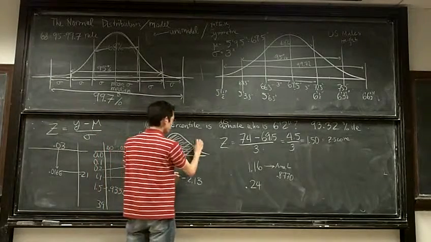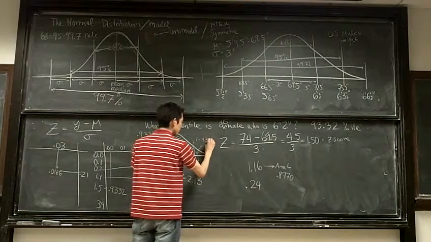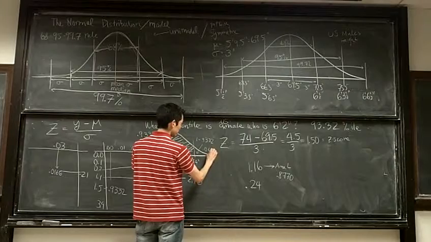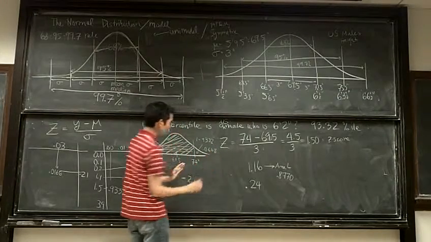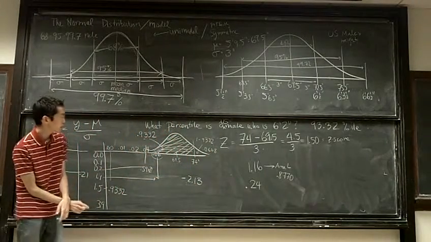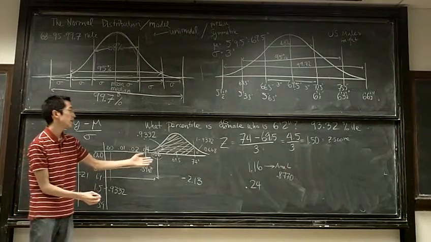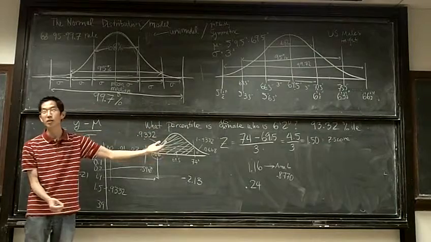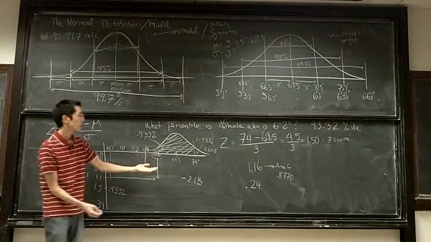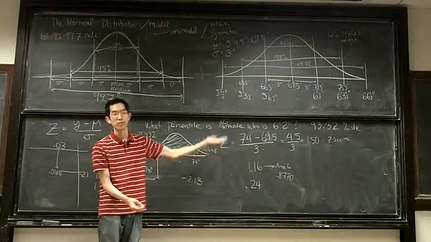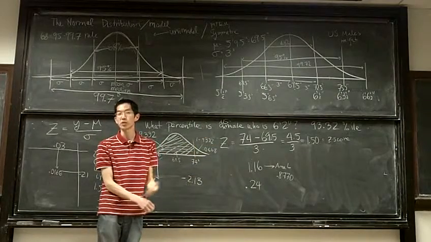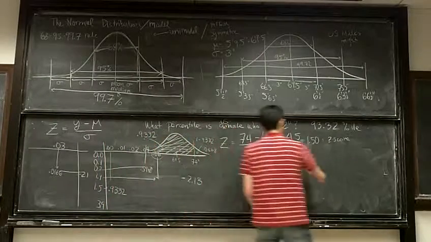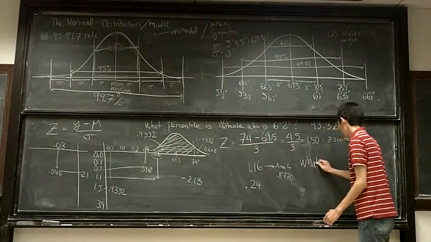So if we do 1 minus 0.9332, we get 0.0668, okay? And then we can say, all right, if the question was what percentage of males are taller than 6'2", that answer would be 6.68% of males are taller than 6'2". Okay, so what percent?